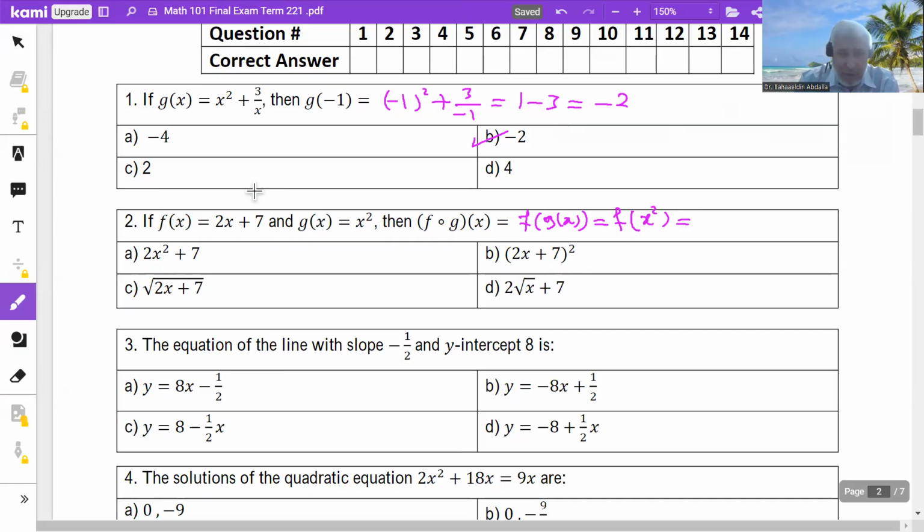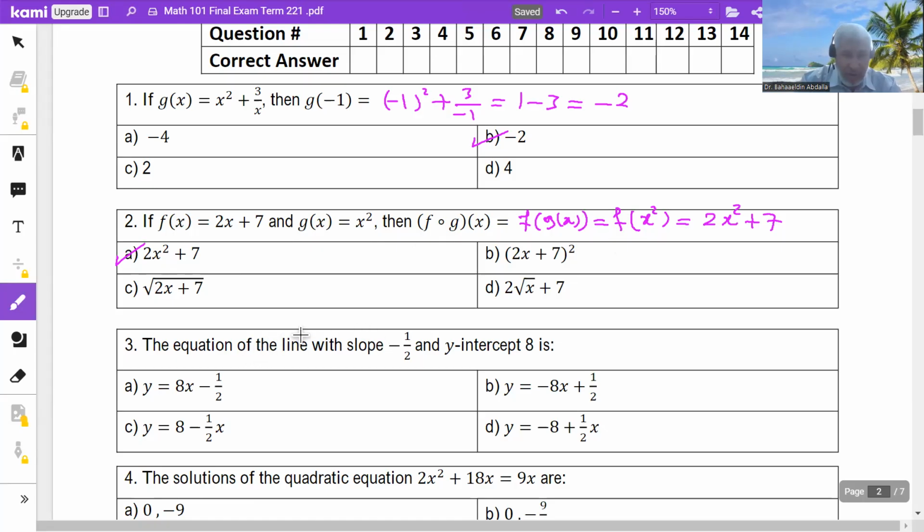Then you go to the function f and replace x in the function by x squared. So f of x is defined to be 2x plus 7. F of x squared would be 2x squared plus 7. You replace x in the definition of f by x squared. So that's the correct answer.